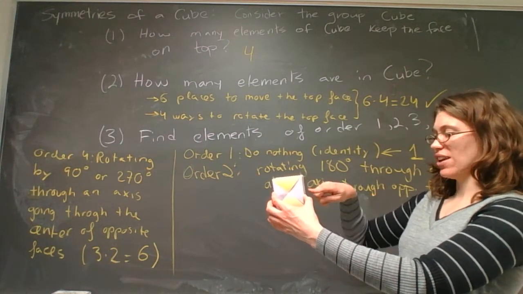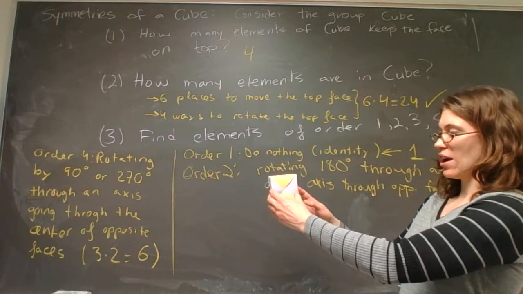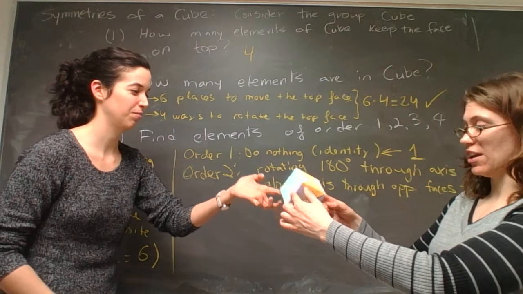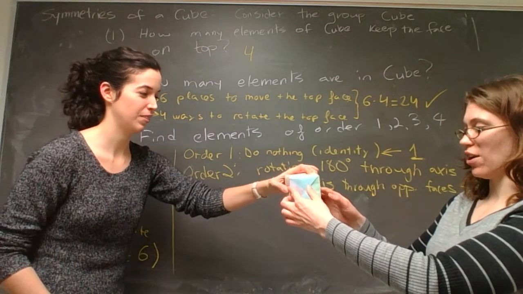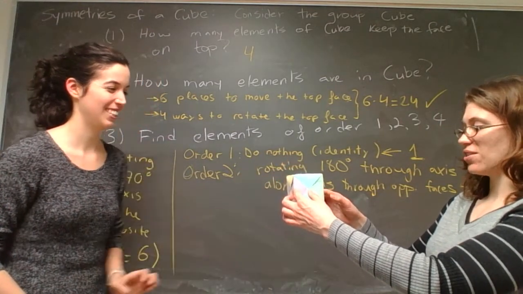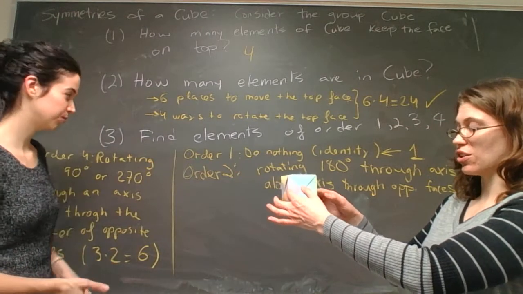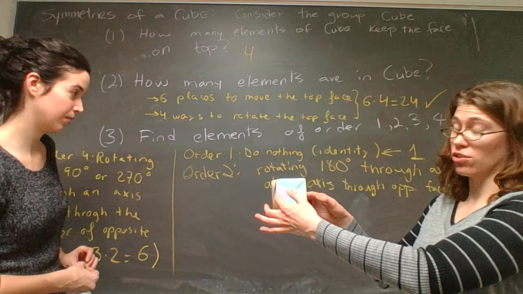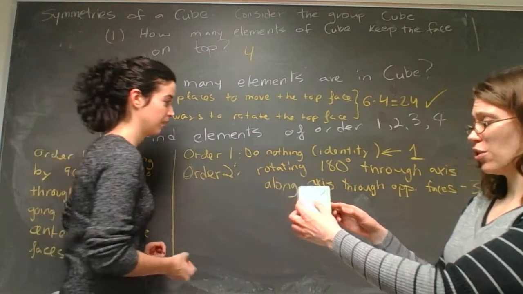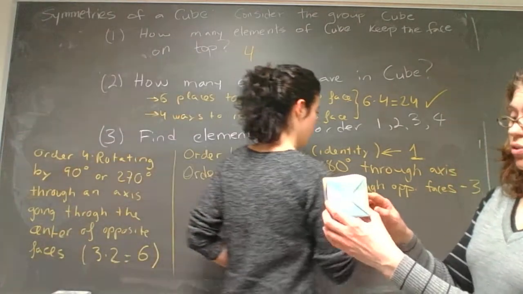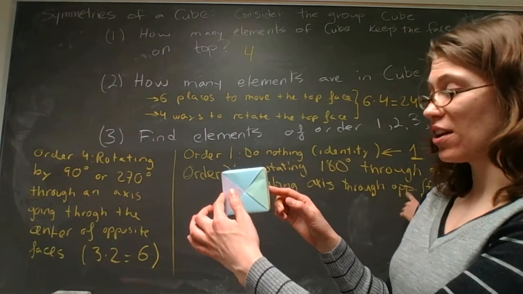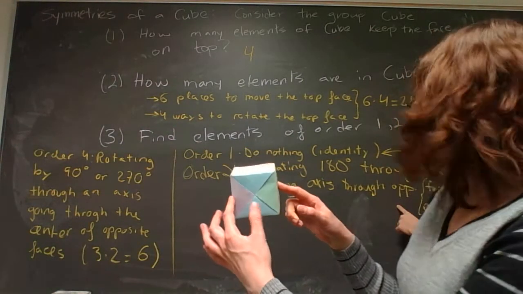So I could take an edge here and the opposite edge, and that also gives me an axis of rotation. And Ava's trying to help me out and rotate. The only way to rotate to get the cube back where it started was to rotate by 180 degrees. So here I rotated through an axis through a pair of opposite edges.